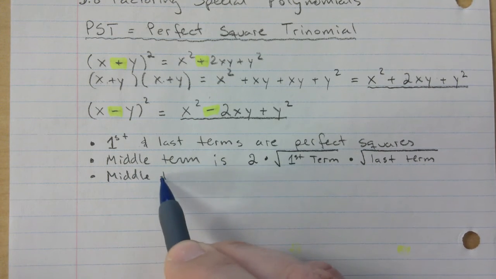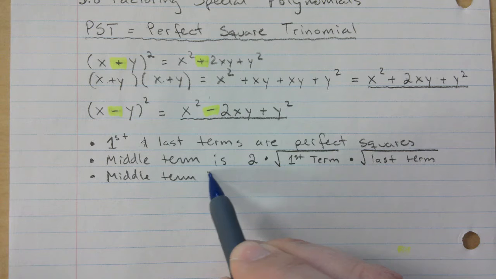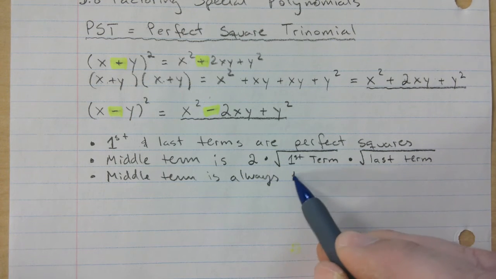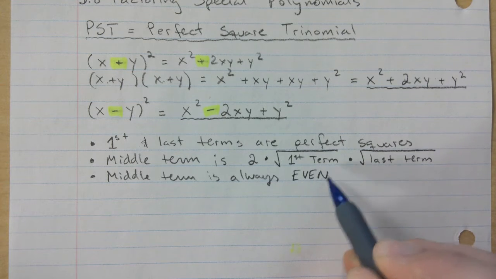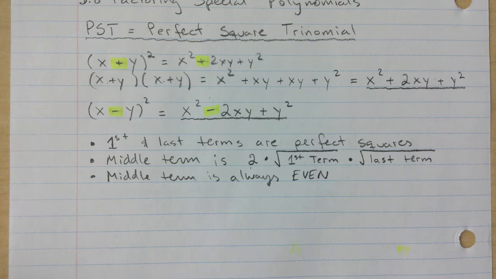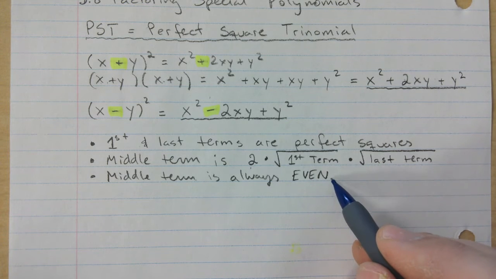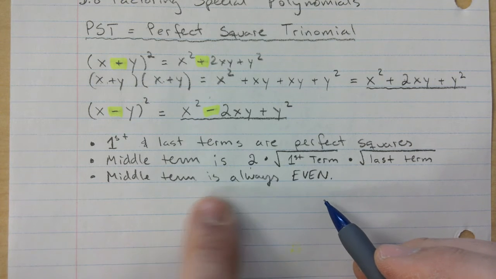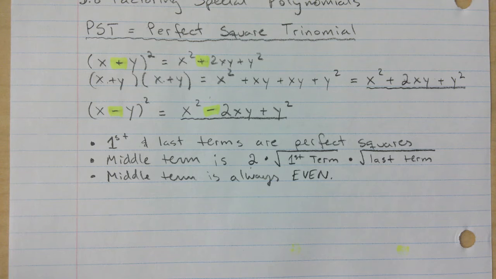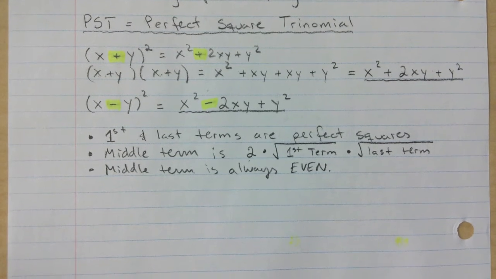The middle term is always even, because you're multiplying it by 2. Anything you multiply by 2 is always even. So the middle term will always be even, no matter what. If it's not, then you know it's not a perfect square trinomial. It's not a PST.